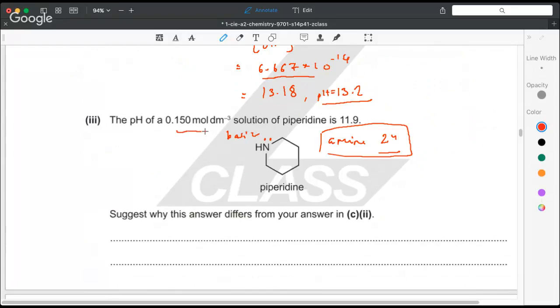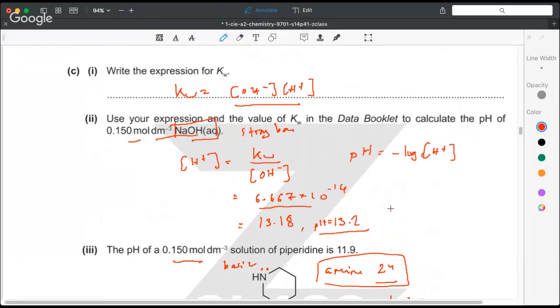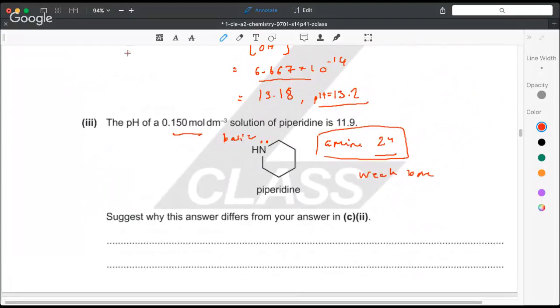So you've got a 1.5 mole per decimeter cube solution of this secondary amine, which is a weak base, and you're comparing it, aren't you, to this, which is a 0.15 mole per decimeter cube solution of a strong base. Sodium hydroxide is a strong base. And so we'd expect this to have a higher pH and this to have a lower pH, because this secondary amine is a weak base compared to the sodium hydroxide.